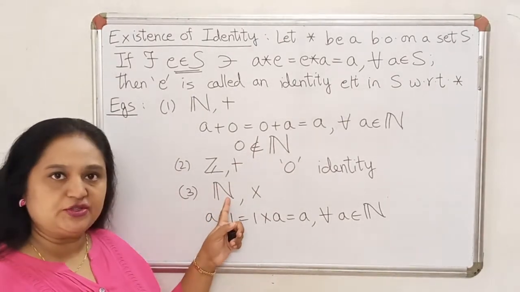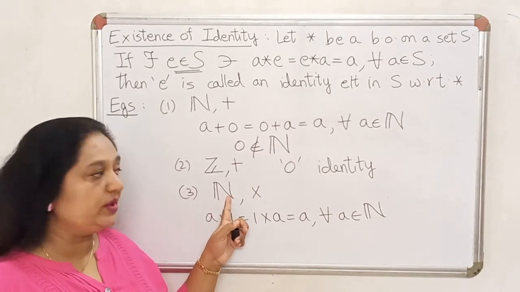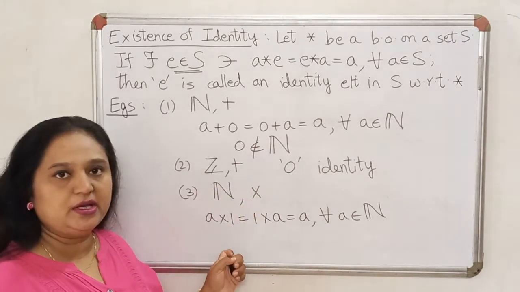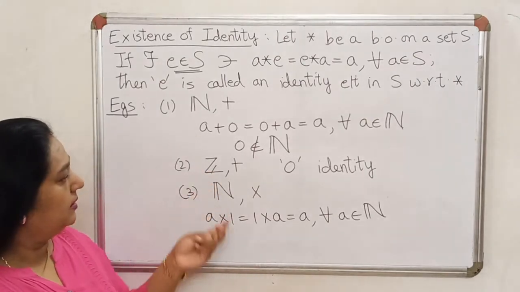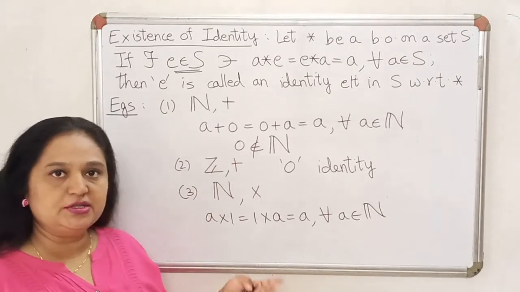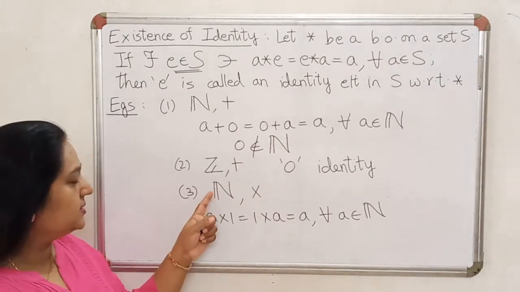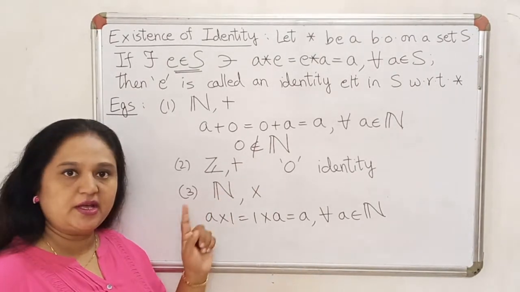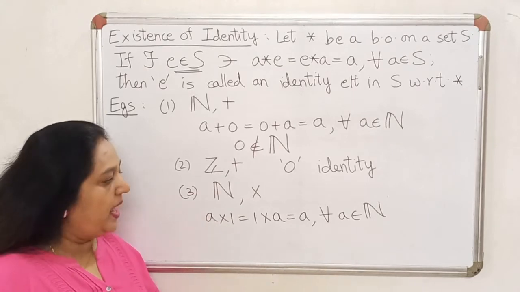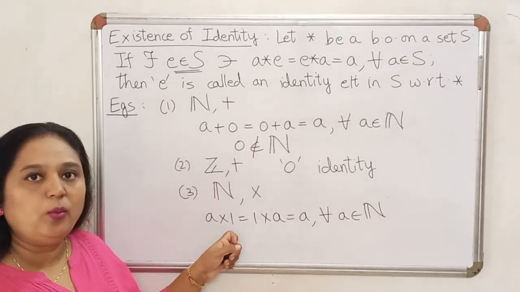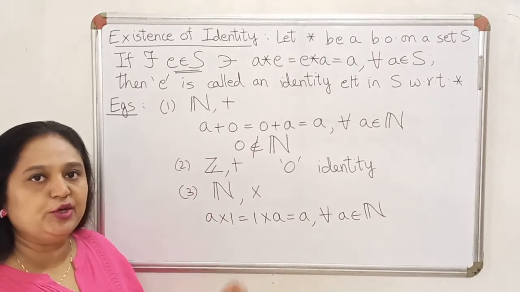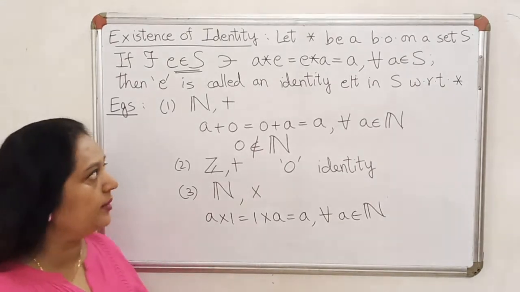So in the set of natural numbers, the identity with respect to multiplication is 1. Notice that for different operations, we are going to have different identities on the same set. Similarly, on the set of integers, rational numbers, real numbers, as well as complex numbers, the number 1 is going to be the identity for multiplication.